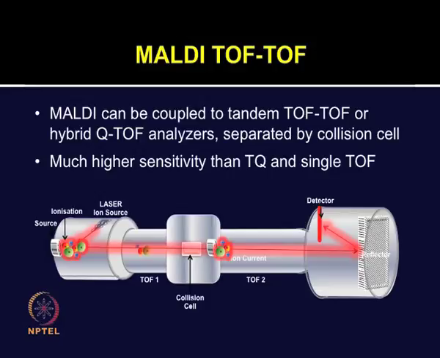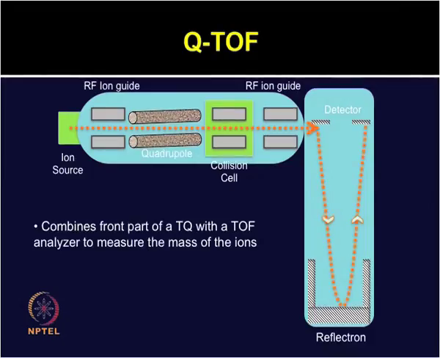We have discussed the MALDI-TOF system in some more detail in the previous lecture, so I will move on to some other configurations, which is QTOF. The QTOF combines a front part with a quadrupole, or it can be a triple quad (TQ), along with the TOF analyzer to measure the mass of the ion.